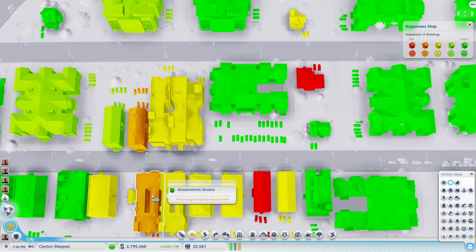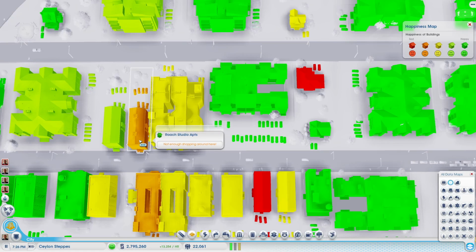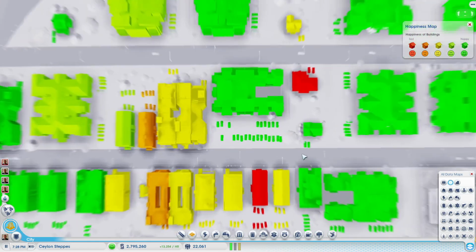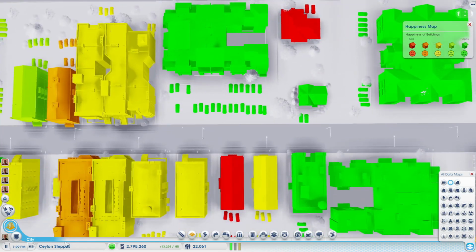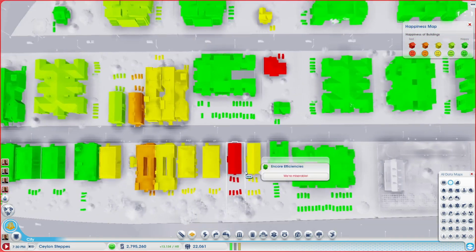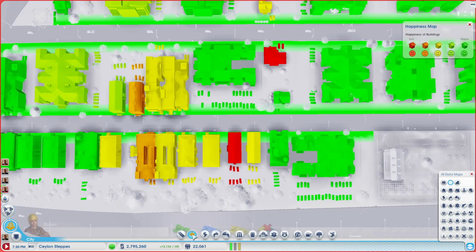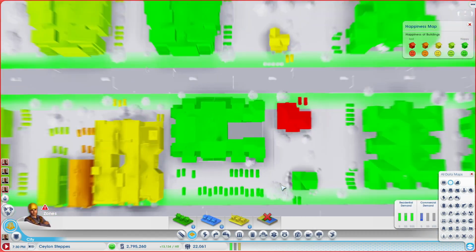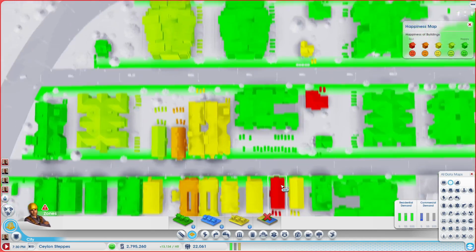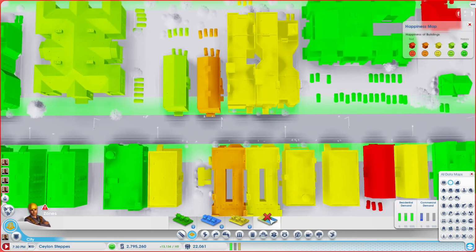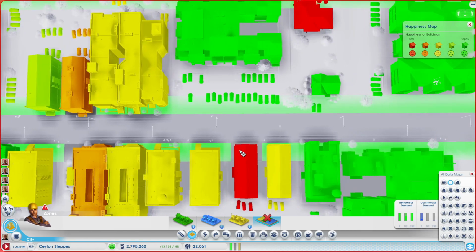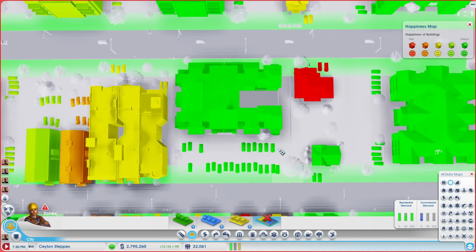Miserable. Okay, this is about shopping. All right, so let's do this. Let's pause. Yeah, we got a huge area. This is that fine tuning that we did in all the other cities that I don't think we've really done here.